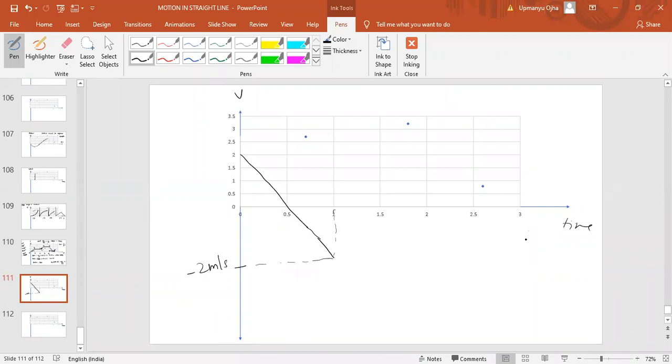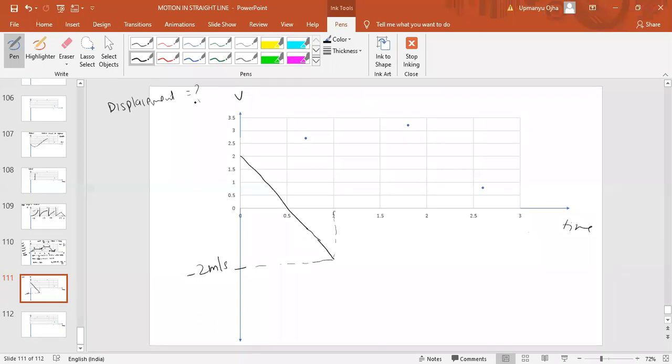0. Why it is 0? What is the displacement of this graph? Displacement and distance. Two things you have to find. One is displacement. Another is distance.